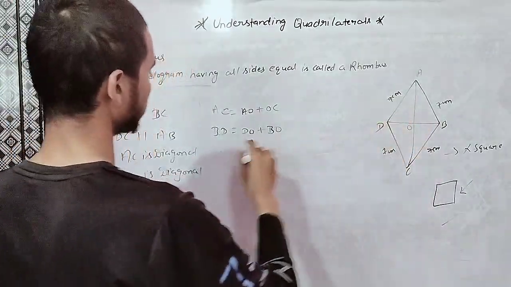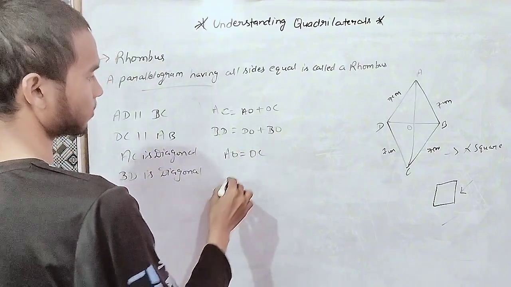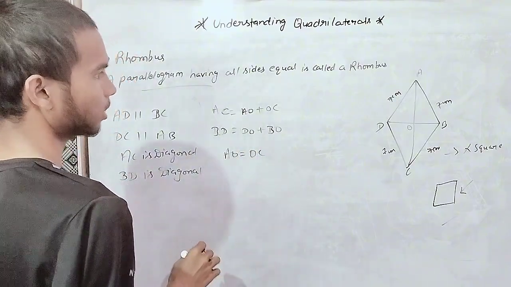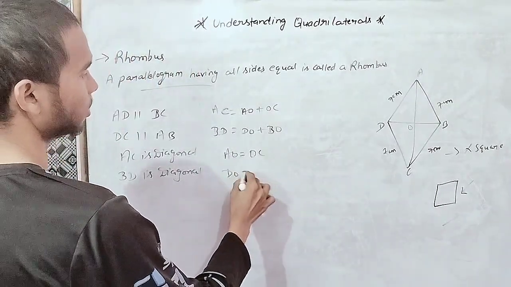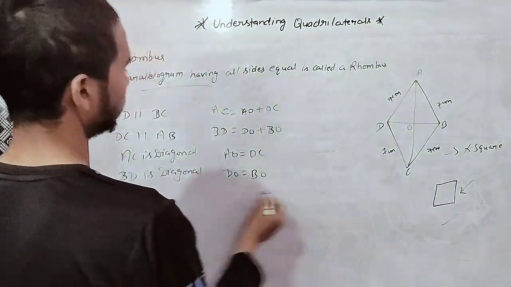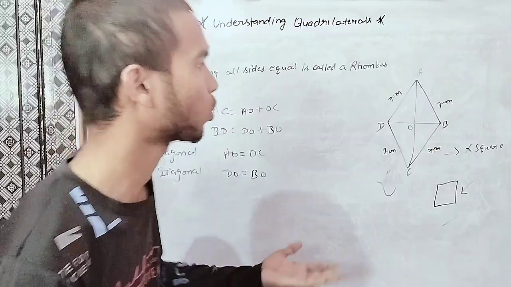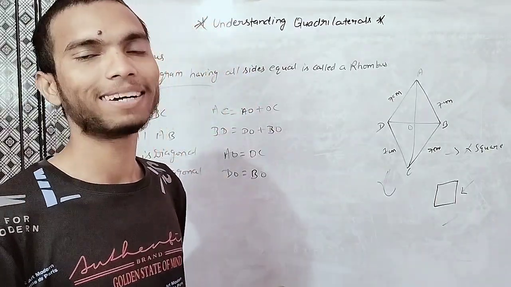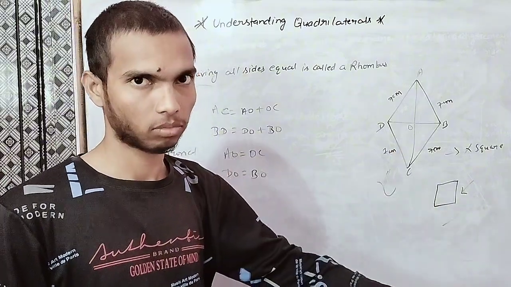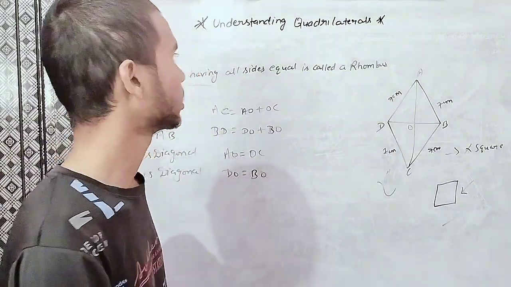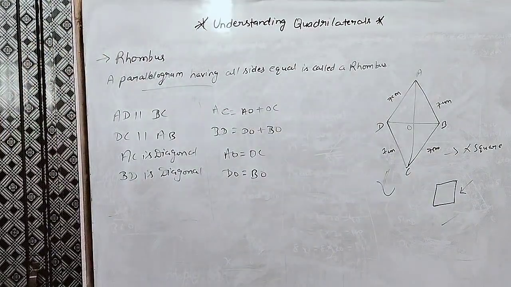Here we are looking at bisect, which means the value of A will be equal to the value of C. A rhombus quadrilateral has all sides equal. You will realize this. This is the figure of a rhombus.